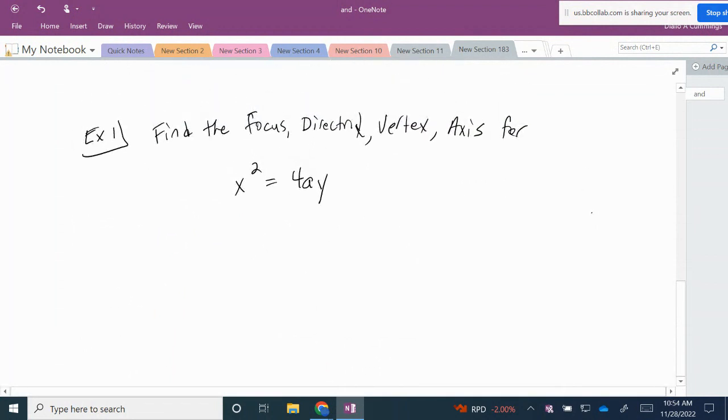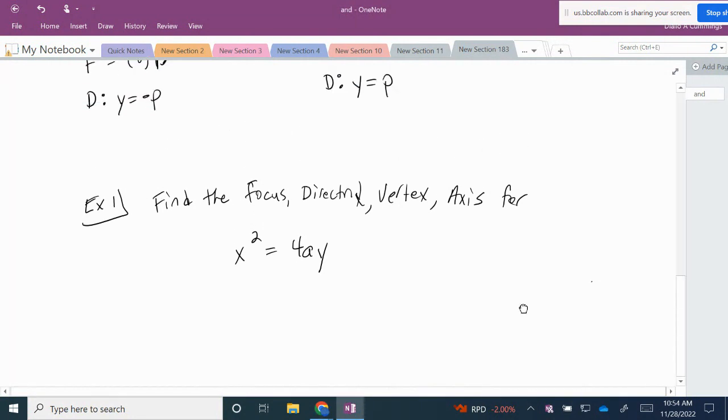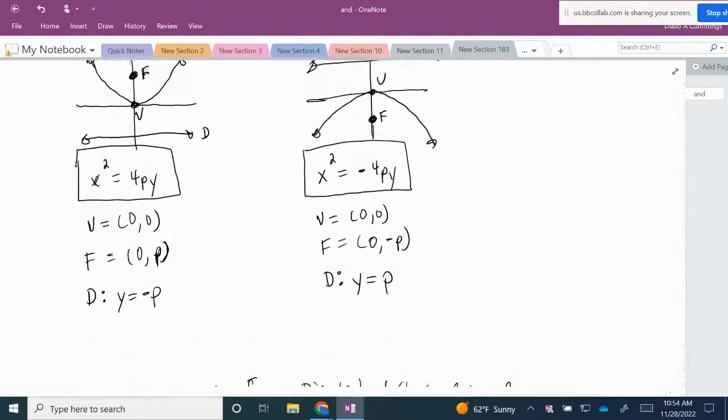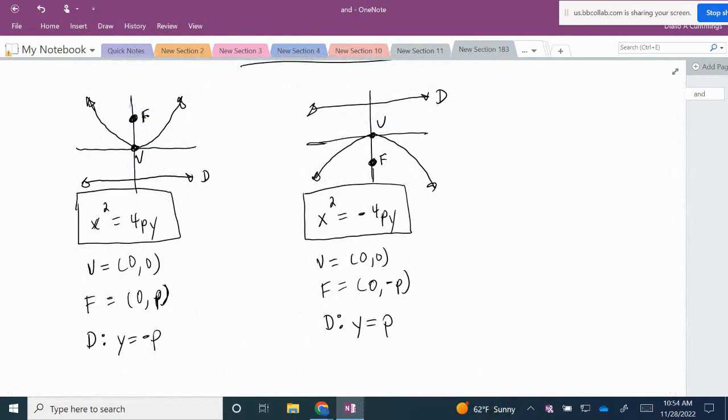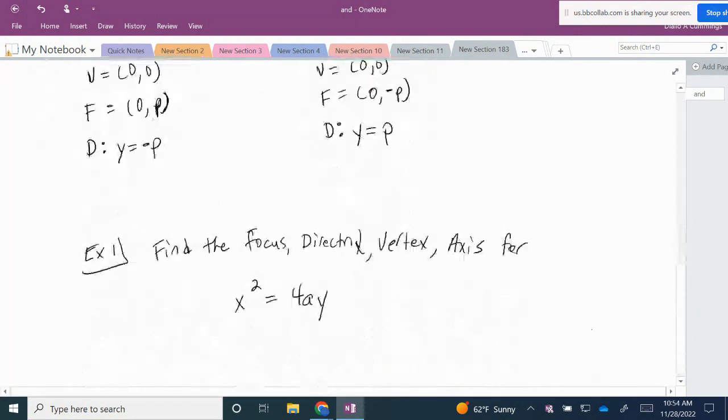So the first thing you must do is choose a model form. All right, so if we look at x squared is equal to 8y, notice that the x variable is squared, and notice that the coefficient of y is positive. So that means that we're going to use this first model form. All right, x squared is equal to 4py.